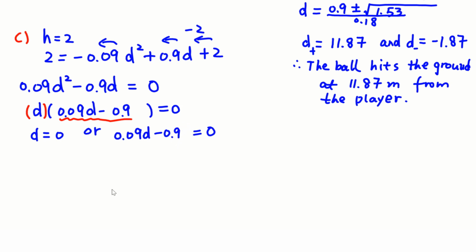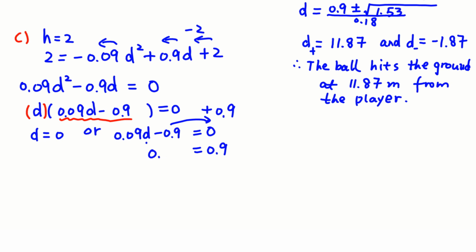Each term divided by d, so this one will be negative 0.9. Then in order to solve for d, this is a linear equation, so we are going to move the numbers to the other side and isolate d. So minus 0.9 to the other side will be plus, so equals 0.9.